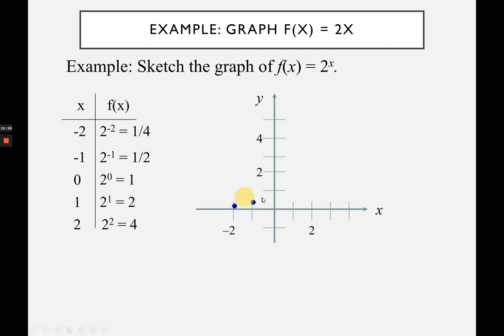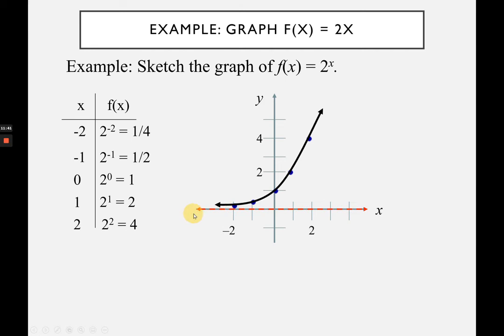If x is 0, it crosses at 1. If x is 1, y is 2. If x is 2, y is 4. And that's your graph. Remember, the graph will seem to intersect the x-axis, but it does not.